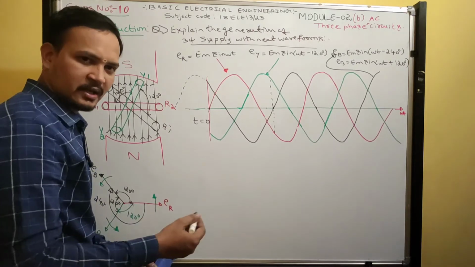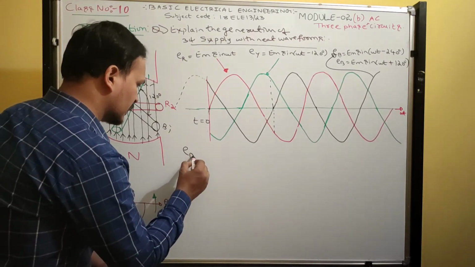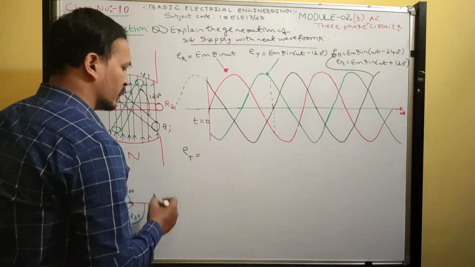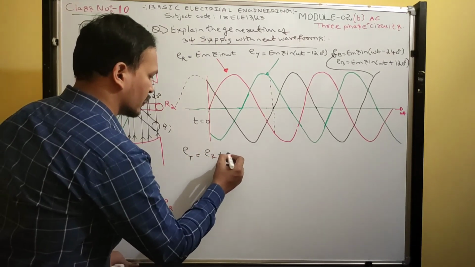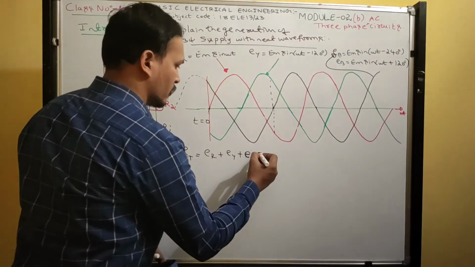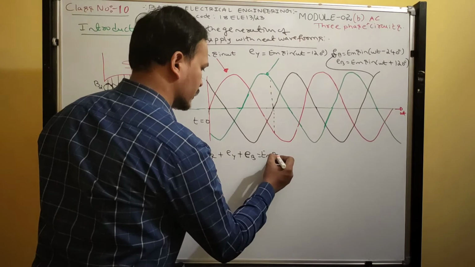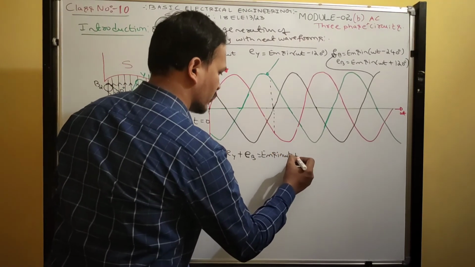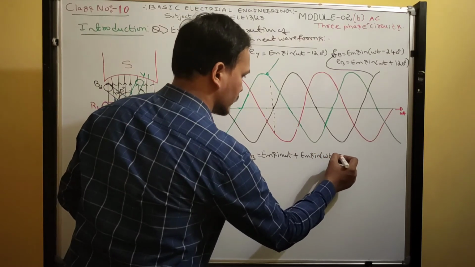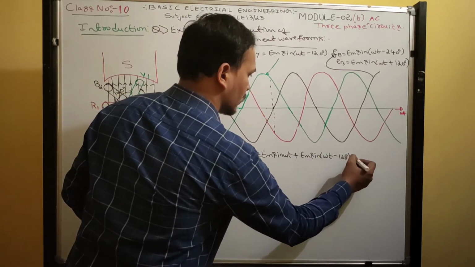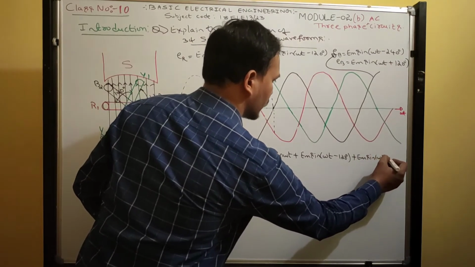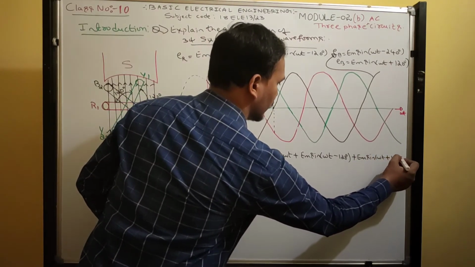So next, we can derive it mathematically. The resultant voltage, or the total voltage, will be the addition of all the voltages, ER plus EY plus EB. What is ER? Write all the equations. So EM sin omega t, plus EM sin omega t minus 120, and plus EM sin omega t plus 120 degree.